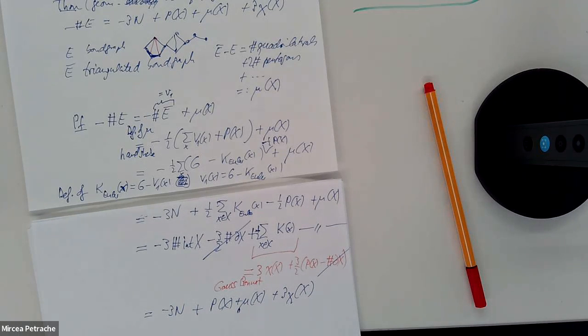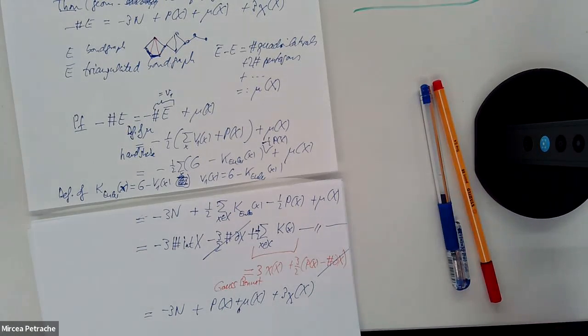Okay, so that's it. In the final result, what is particularly nice is that all the contributions I had to introduce from triangulating the original bond graph are gone, because the defect measure is defined in terms of the original graph: number of quadrilaterals plus twice the number of pentagons plus 3 times the number of hexagons plus 4 times the number of heptagons. So it's an intrinsic quantity of the original graph.